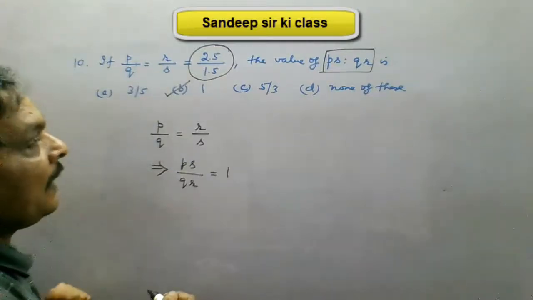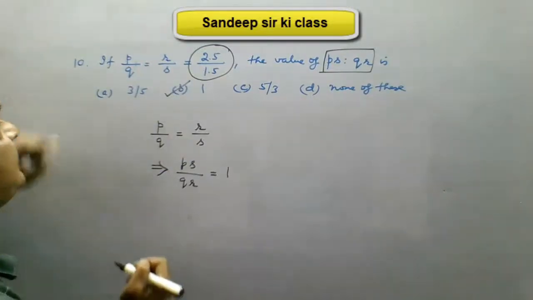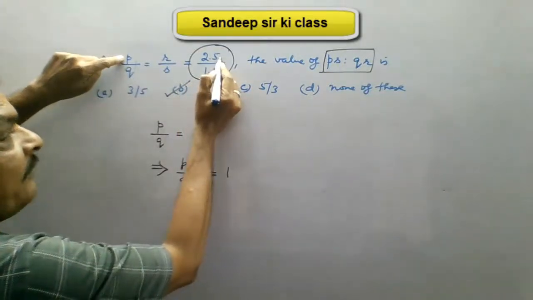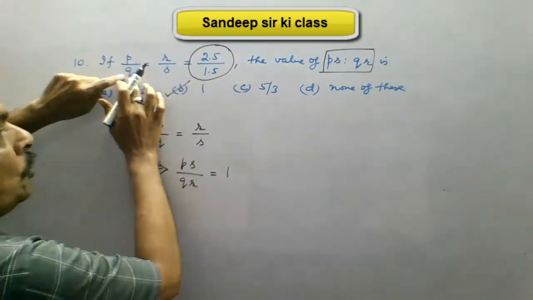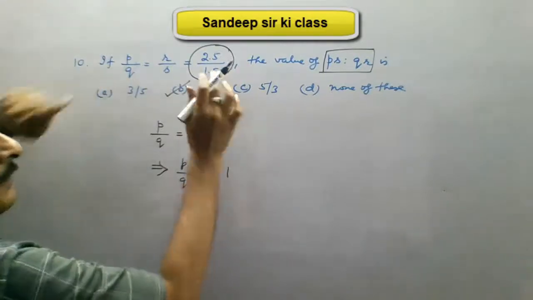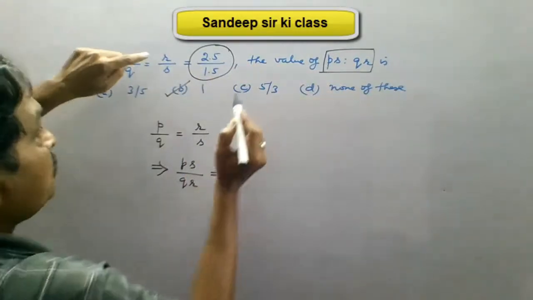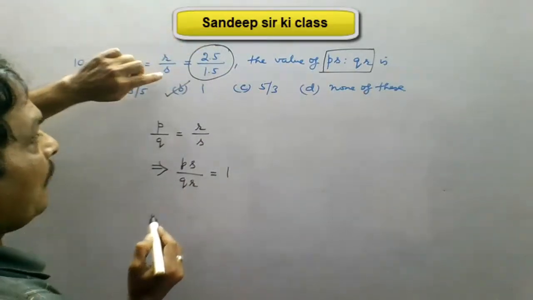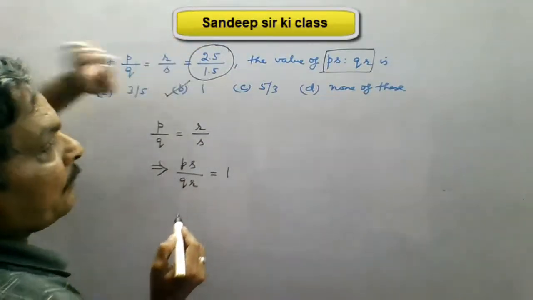Another way of attempting this question is that instead of P I should write 2.5 and instead of Q I should write 1.5. And also for R I will be writing 2.5, for S I will be writing 1.5.